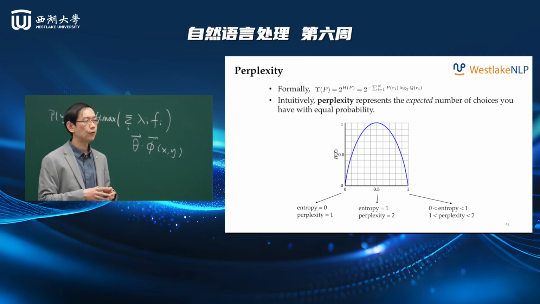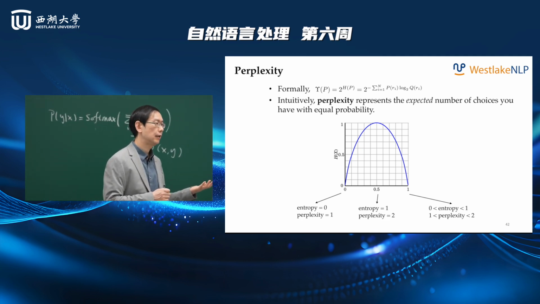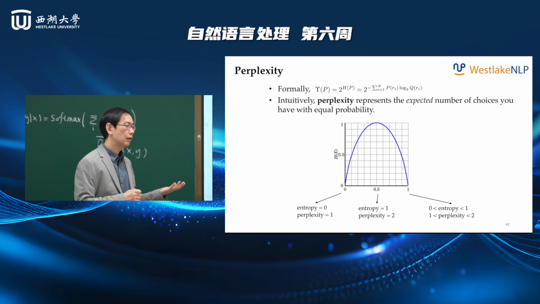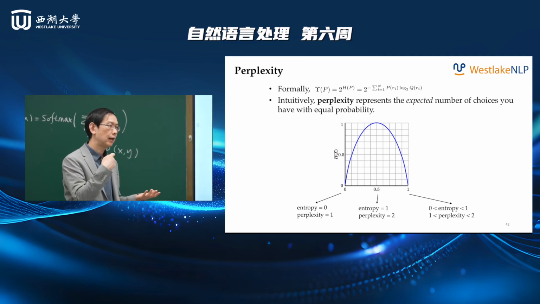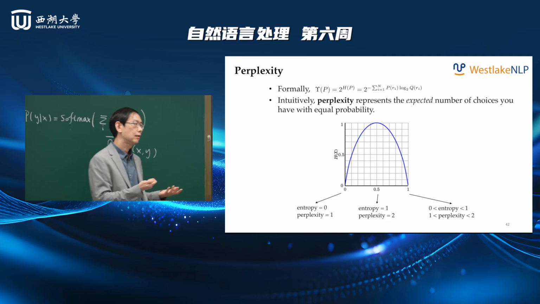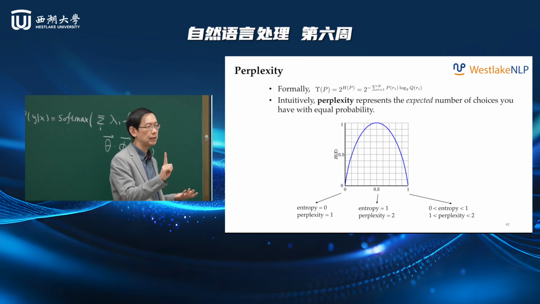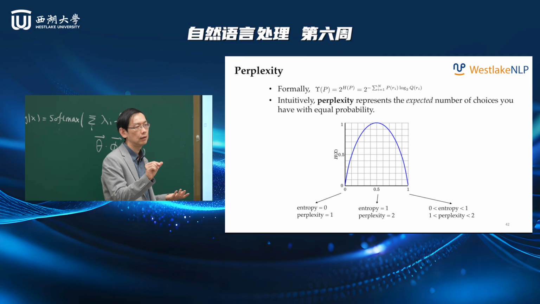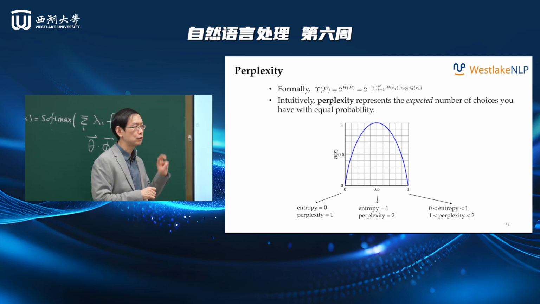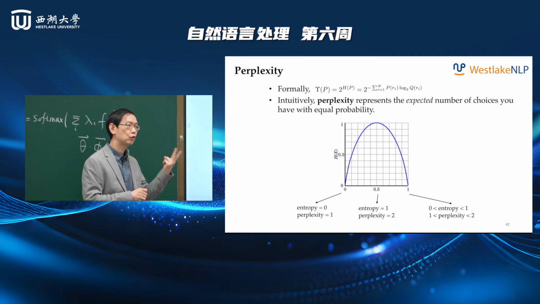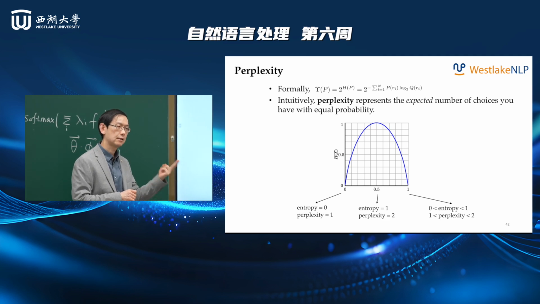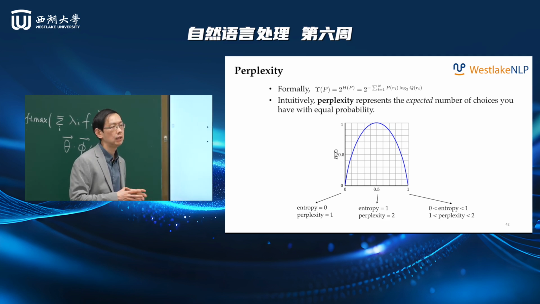So for a fair coin, the entropy is 1. You use 1 bit to encode the fair coin, right? The perplexity is 2. You have 2 faces of equal probability.